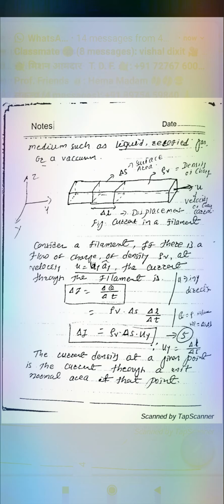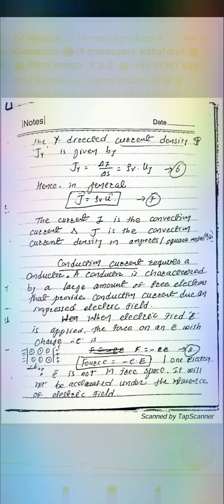If we consider the current density in the y direction, then the current density is given as J y equals delta I divided by delta S, the current passing through the surface area, equation 6.